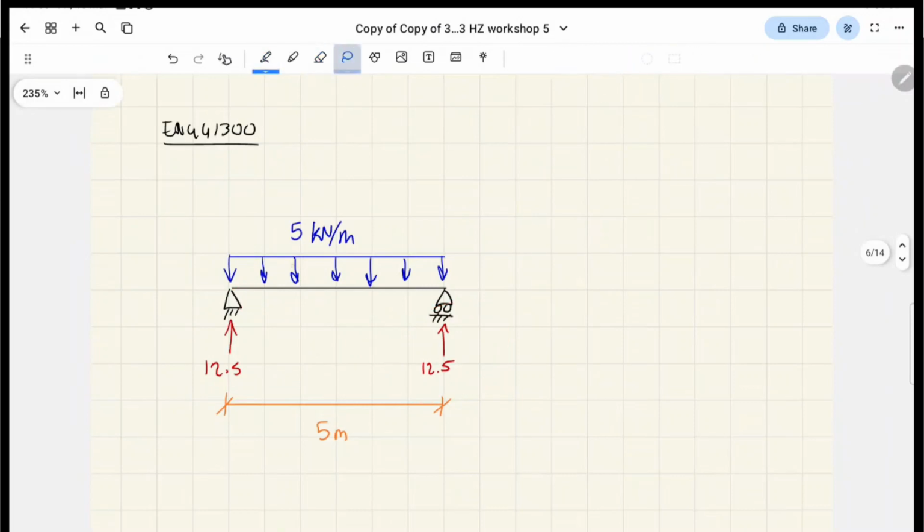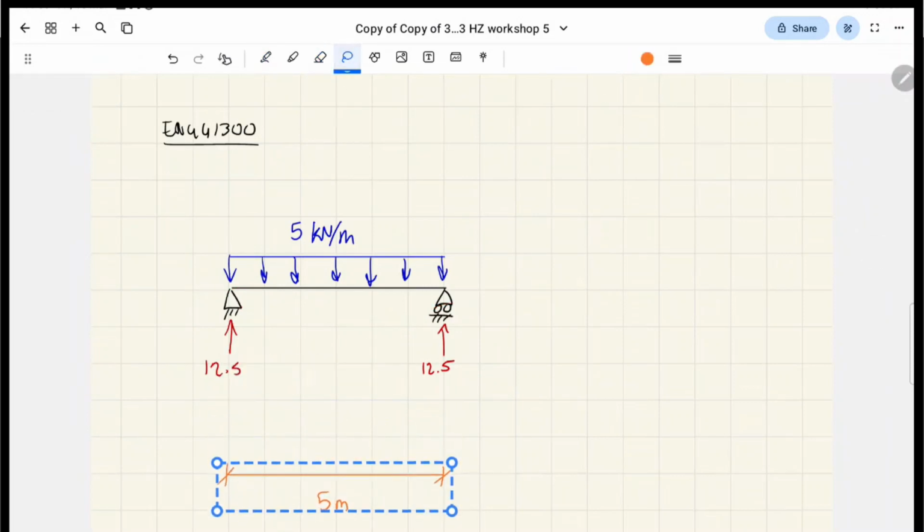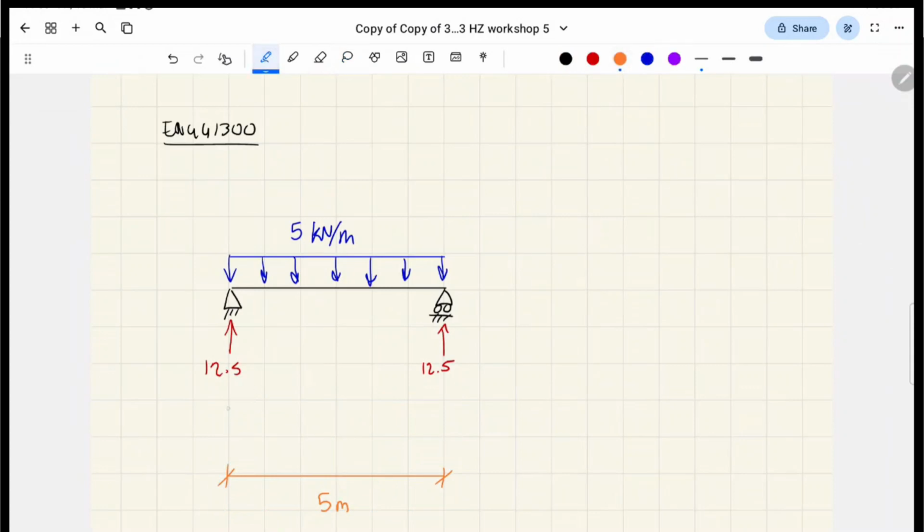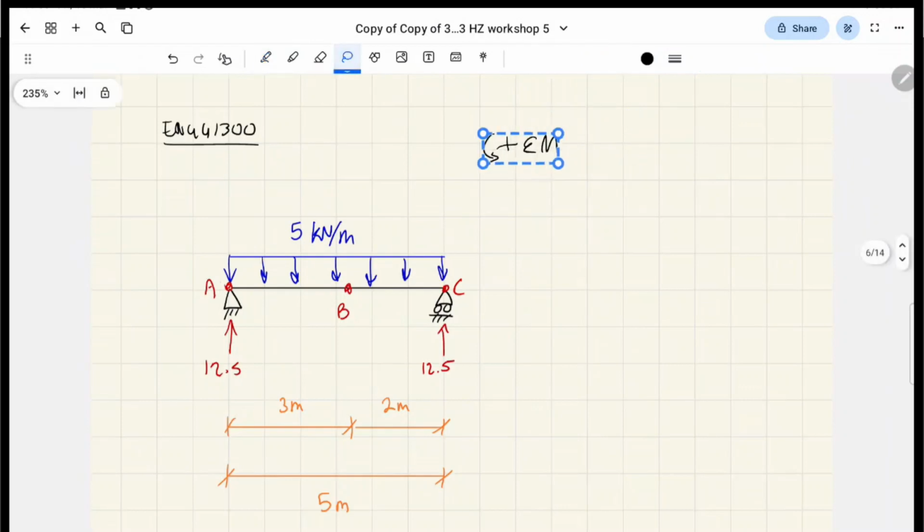Okay. So next thing we have to talk about now is bending moments. So if I mark some point, say here, 3 meters from the left-hand side, right, let's call that point A, point B, point C, for example, right? If I take the sum of the moments, we have to take it about a certain point, right?